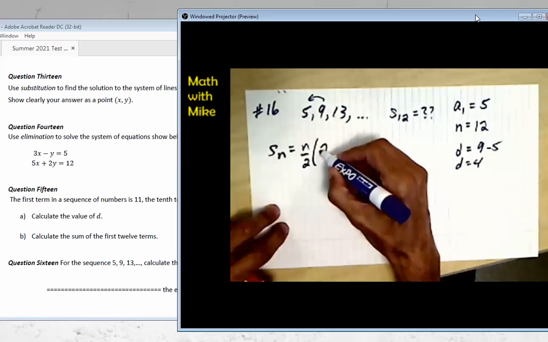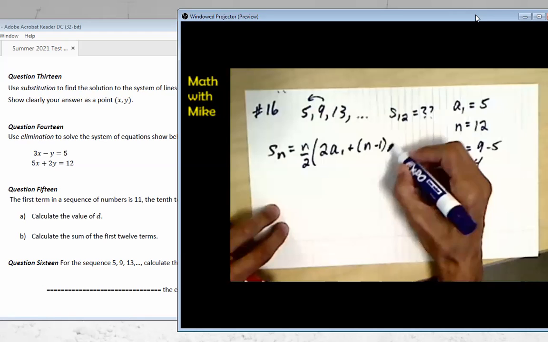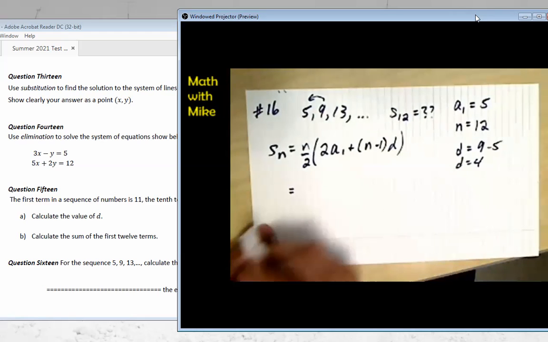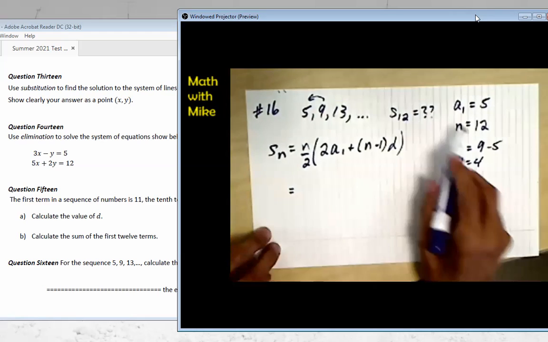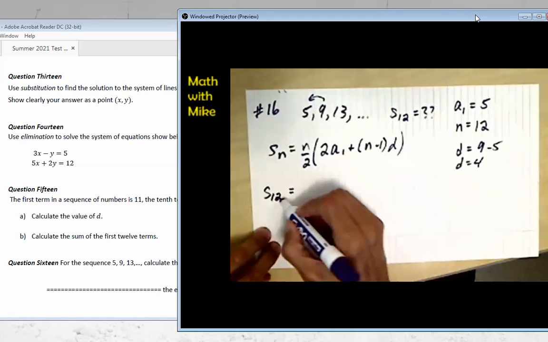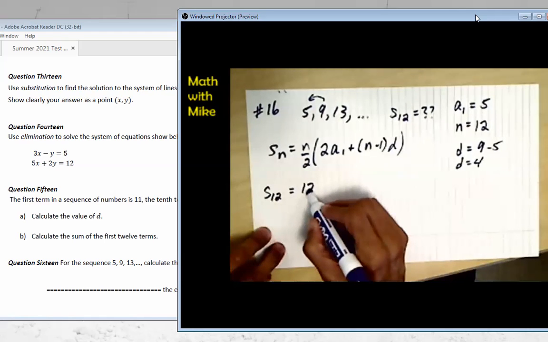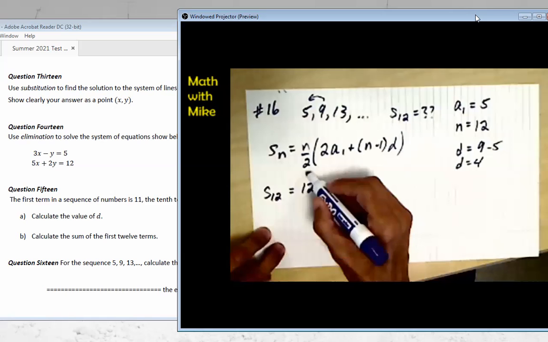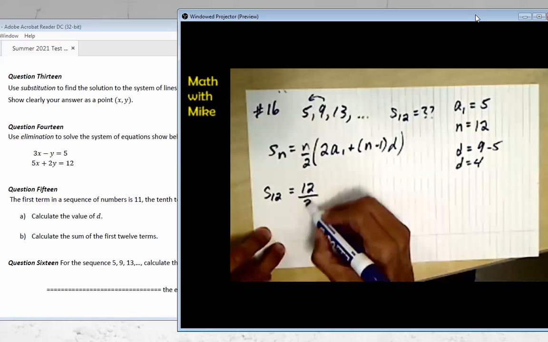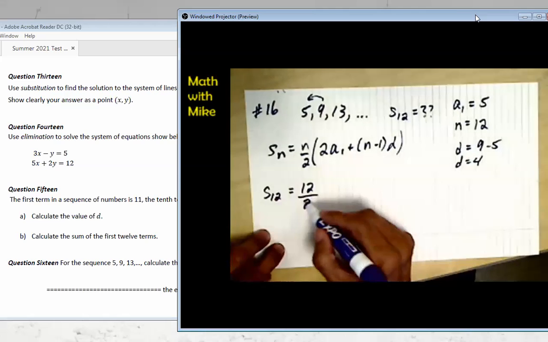2 times a1 plus n minus 1 times D. Going through our list, n is 12. Make sure you put 12 in there and not 6. You might be tempted: you see it's 6, you put a 6 in there, and then you'll end up getting a 3 in the next step.